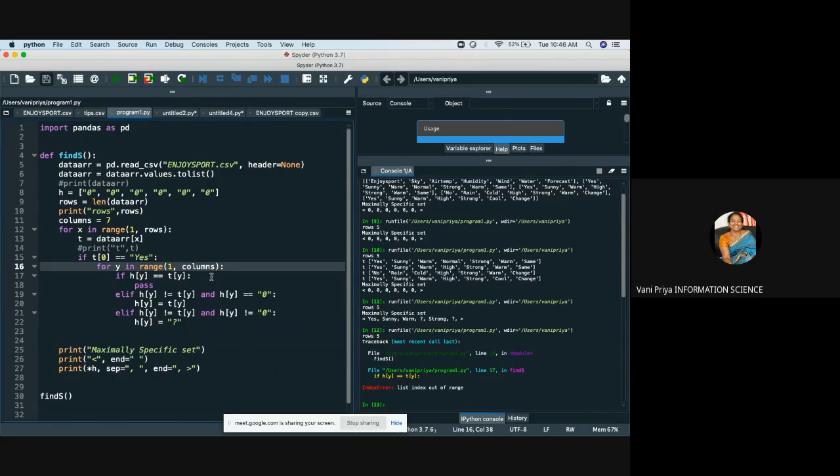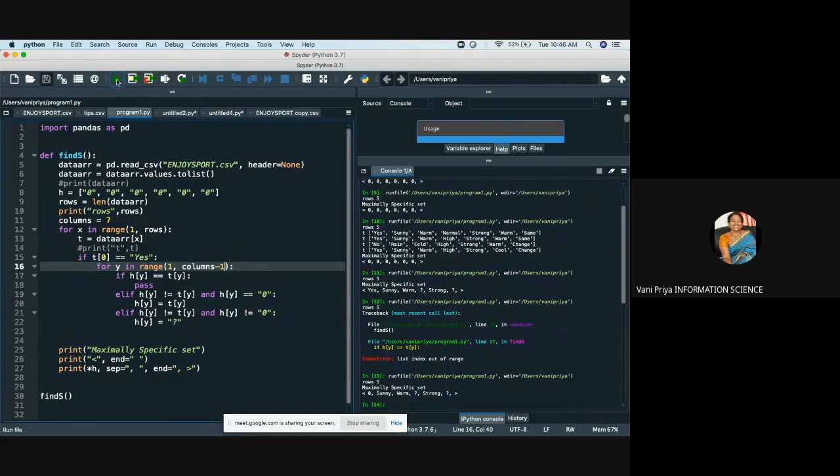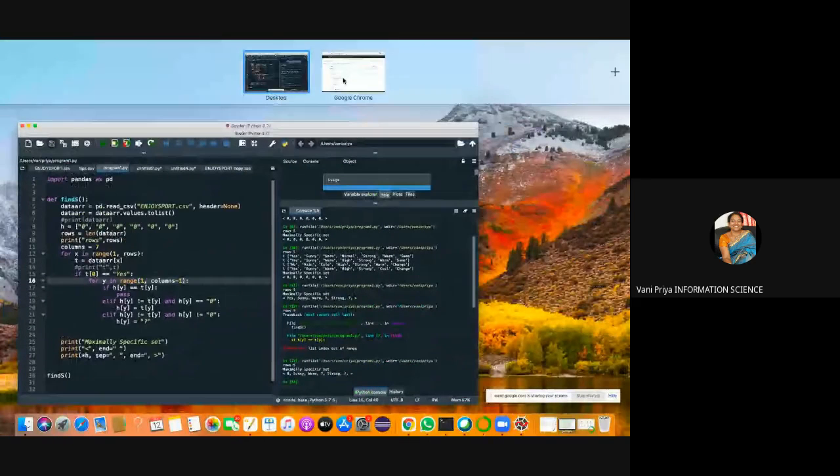Columns, ranging columns minus 1. Still a null value is coming in range of columns minus 1.